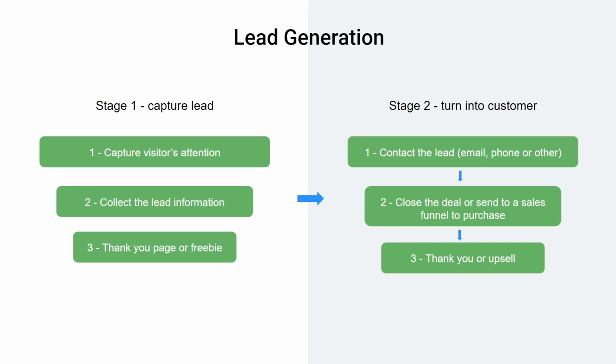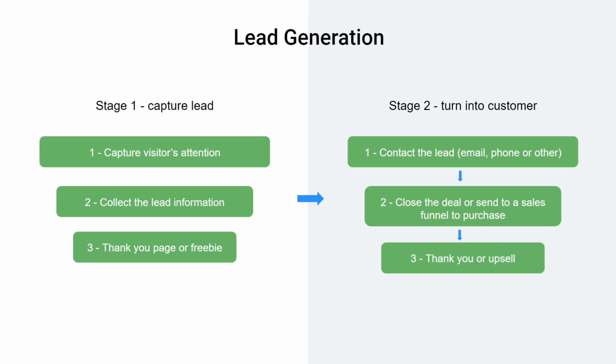That's the first stage: capturing the attention, collecting the lead, and leading them to a thank you page or to a freebie. If it's a lead magnet, where you give something as an incentive when they submit their information, that's where they can access all that.